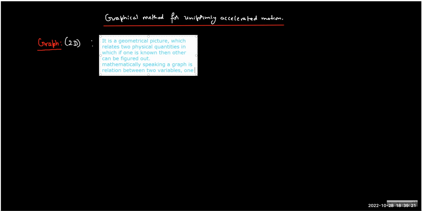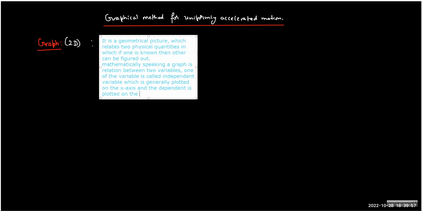One of the variables is called, I have discussed this in mathematical tools, the independent variable, which is generally plotted, now this is not a thumb rule, but a convention, on the x-axis, and the dependent variable is plotted on the y-axis.